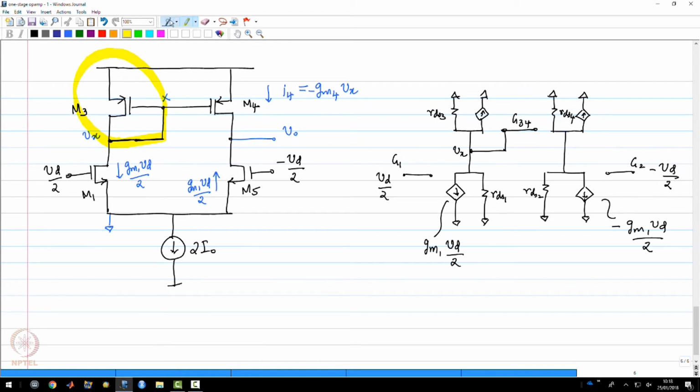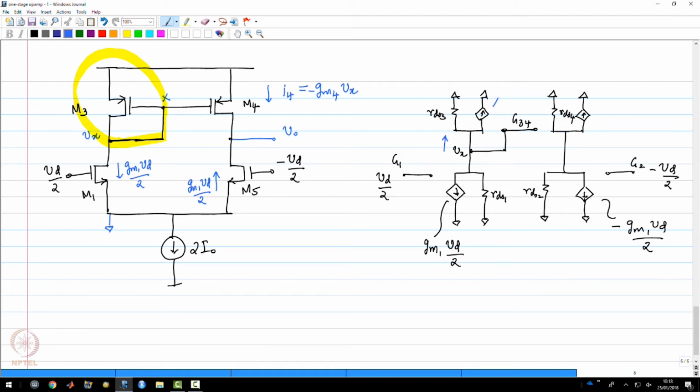In other words, what I should get from my analysis is that the impedance looking upwards, the impedance presented by M3 at node X should be equal to 1 over Gm3.